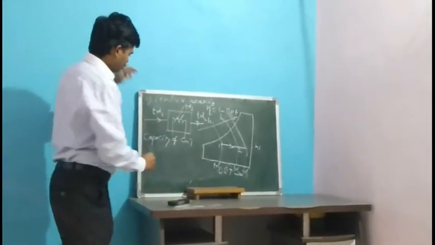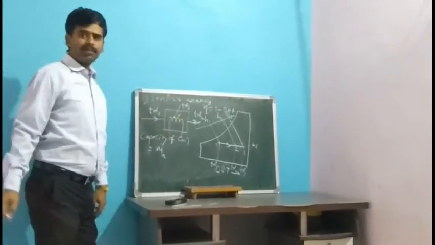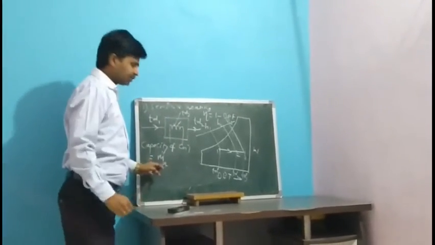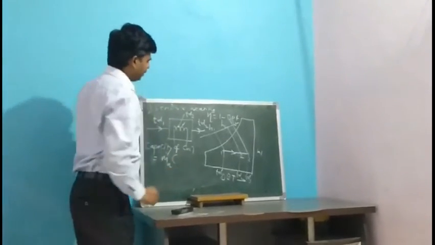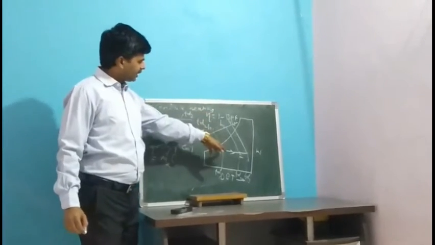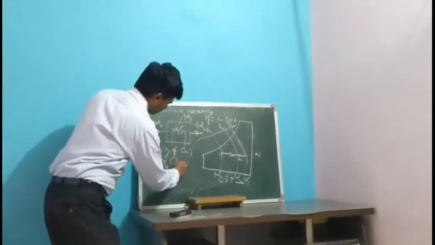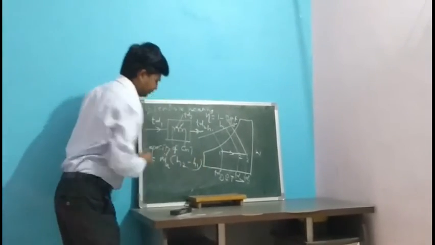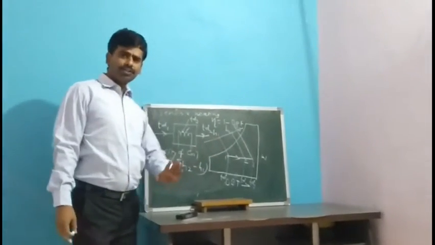Okay, so the capacity we can determine as m dot A, that is the mass flow rate of air. A stands for air, m dot stands for mass flow rate, multiplied by H2 minus H1, since I want to raise the temperature from TD1 to TD2, so I take the corresponding enthalpies H1 and H2. So m dot A multiplied by H2 minus H1.